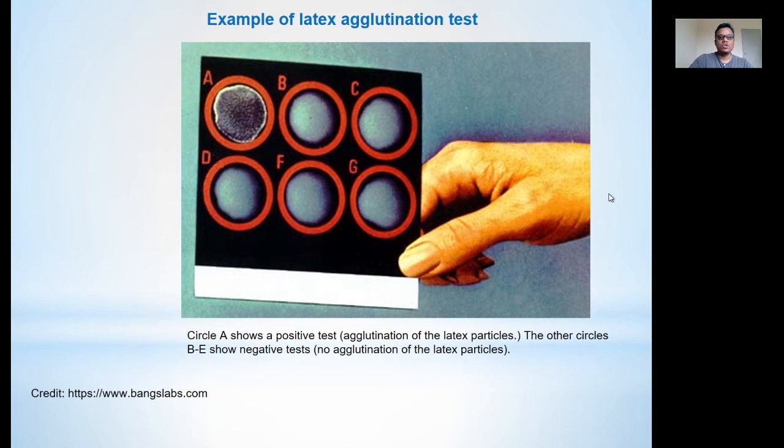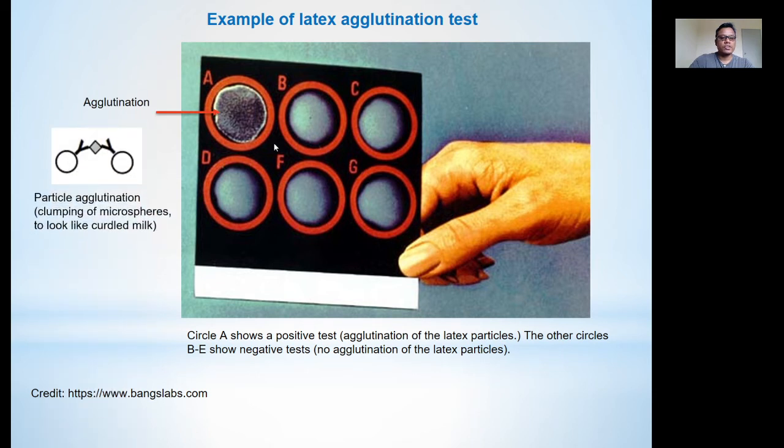Another common use of microspheres is in the latex agglutination test. Here, circle A shows a positive test because we can observe agglutination of the latex particles, and the other circle is negative because there is no agglutination.